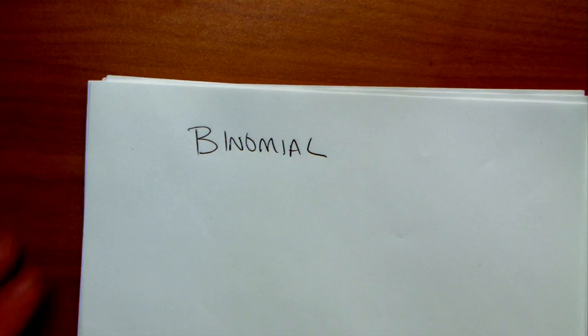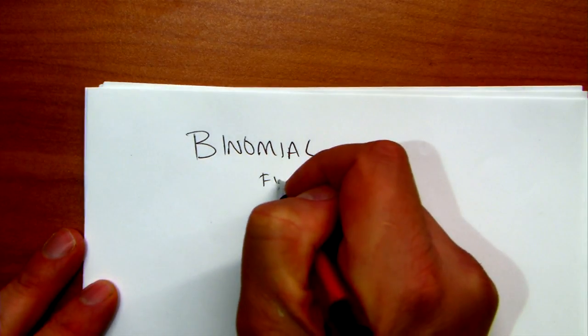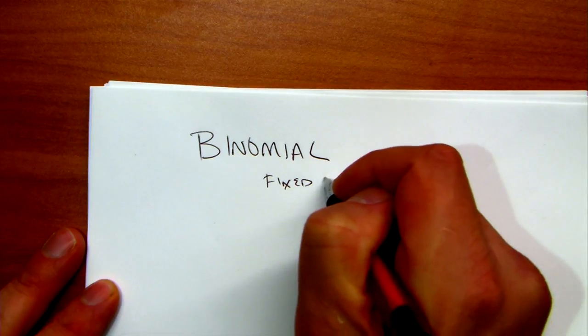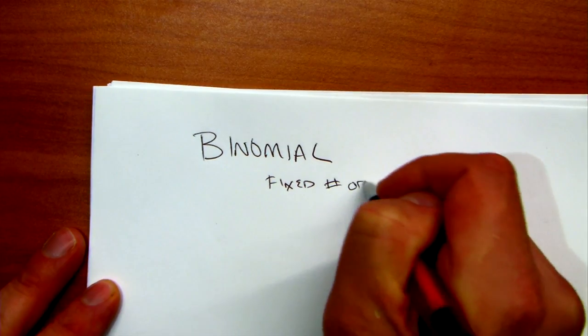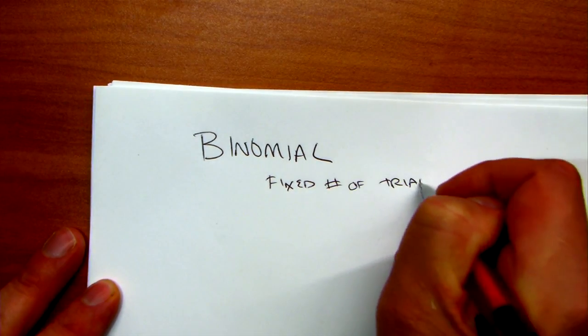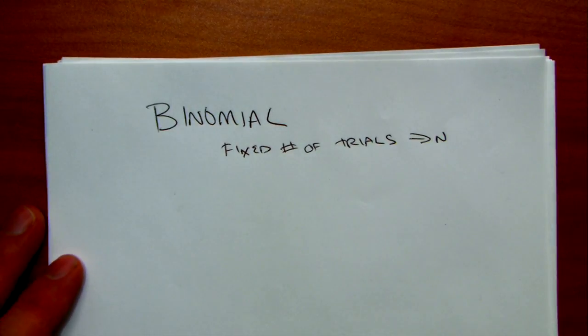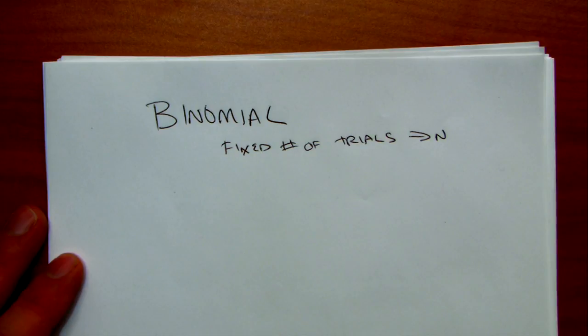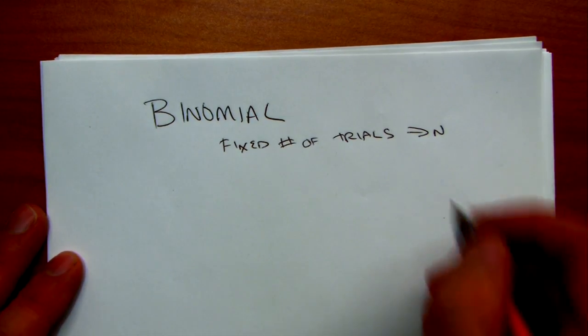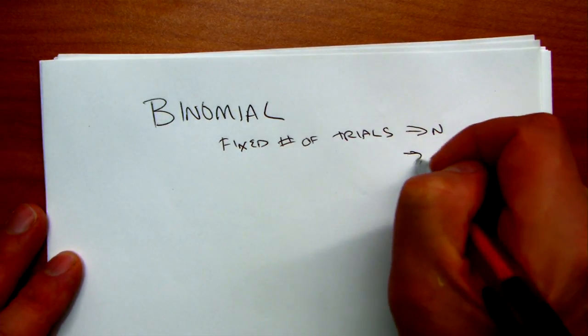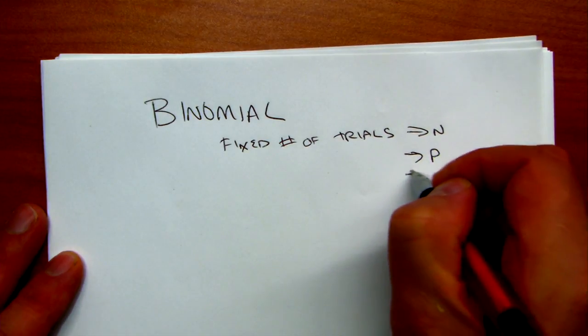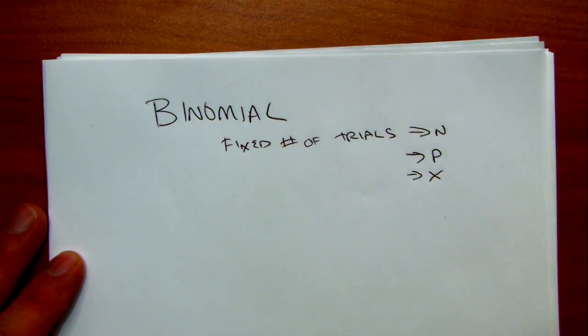But the thing about the binomial, it was a fixed number of trials, indicated by n. On any given trial, there were two outcomes. The thing we're interested in studying is the success. The probability of success on any given trial was p. And we're looking for the probability of x.